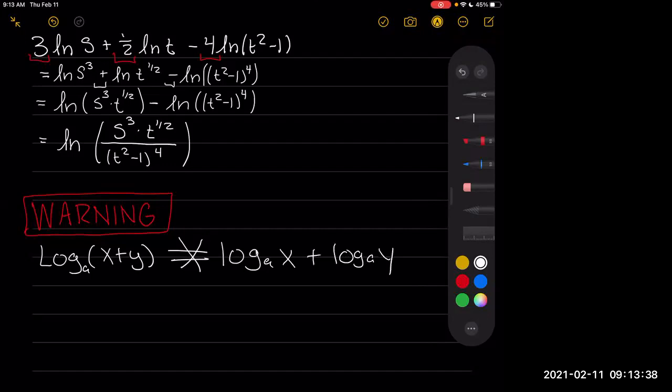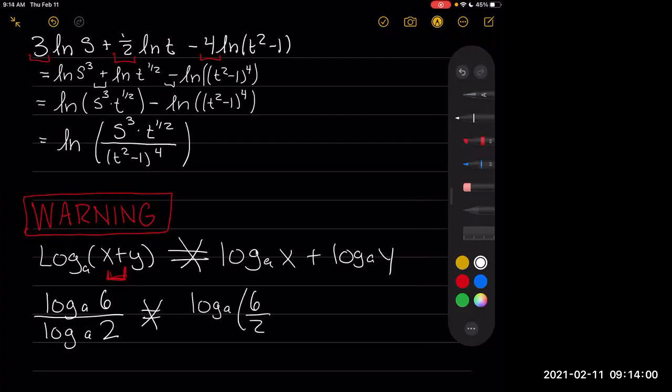We can't separate when you're adding something within a log. It doesn't work. Similarly, log a of 6 over log a of 2 does not equal log a of 6 over 2.